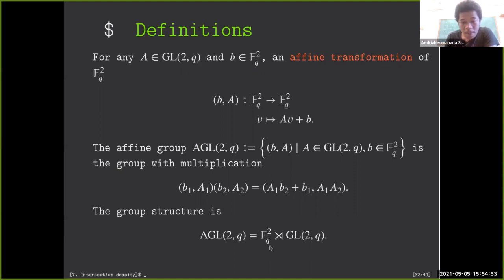The F_q squared here represents the set of translations. This is the case of the affine transformations where the matrix A is equal to the identity matrix. And the GL_2(q), of course, is when B is equal to 0.